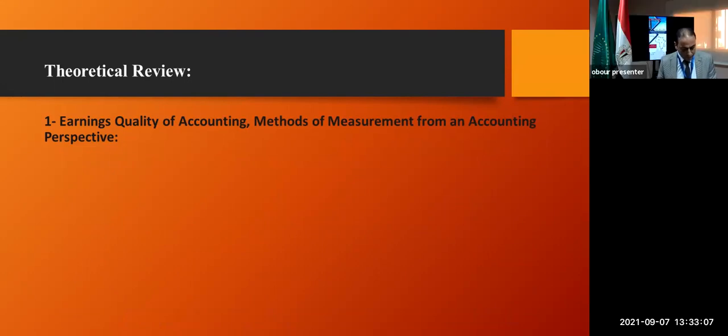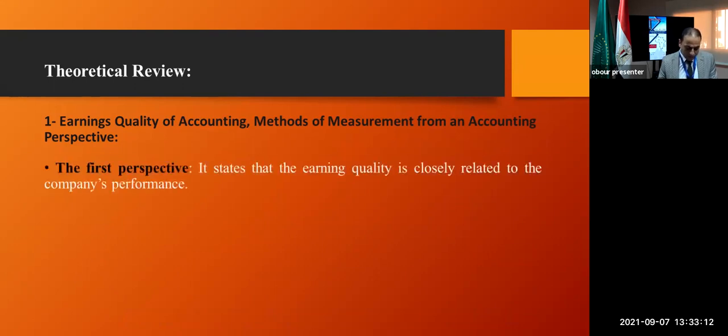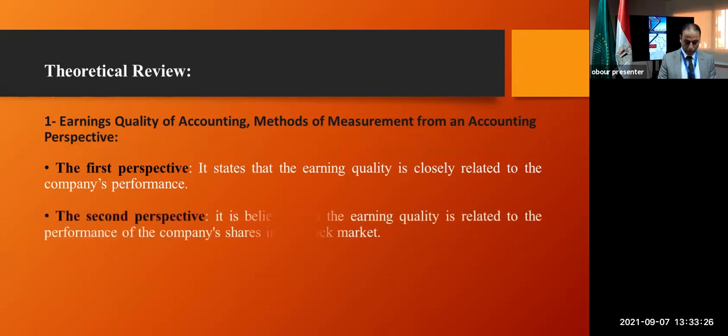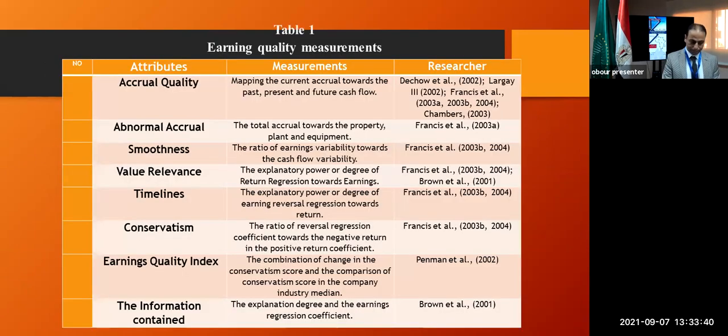There are some definitions of the earning quality, but these definitions have taken two perspectives. The first perspective states that the earning quality is closely related to the company's performance. The second perspective believes that the earning quality is related to performance of the company's shares in the stock market.